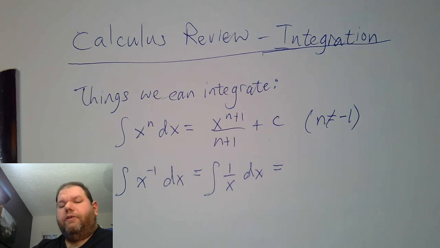Okay, well, x to the negative 1 is the same thing as saying 1 over x, that's the reciprocal of x.